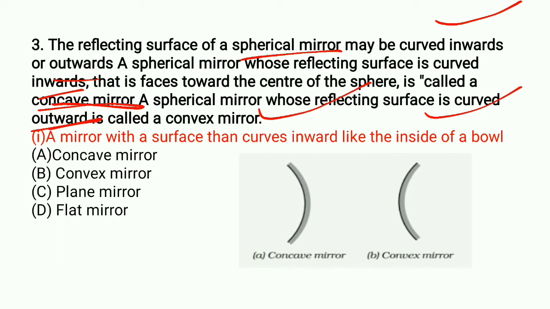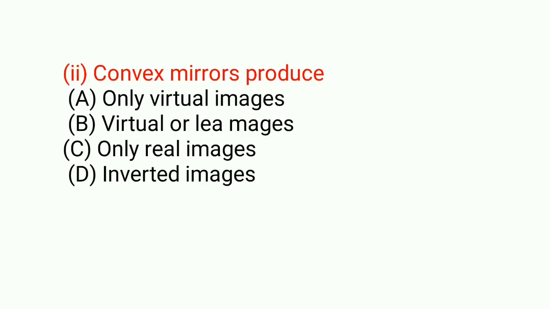What is it? Obviously, curved inwards means the given mirror is a concave mirror. You can see in the figure also, curved or bulging inwards is a concave mirror. So option A is the correct answer.